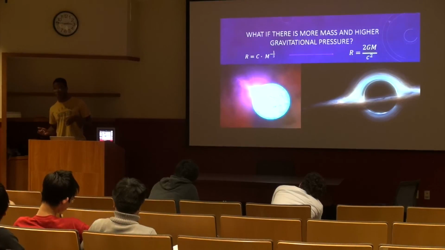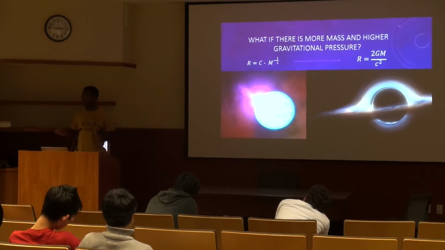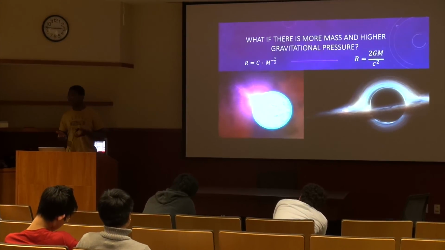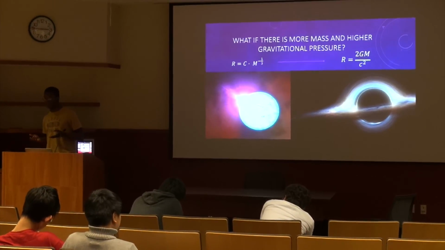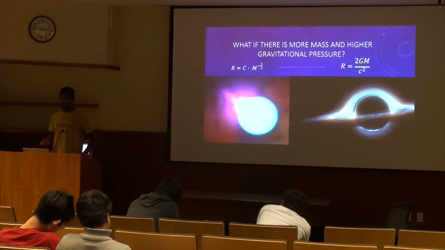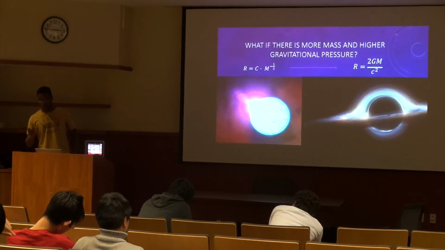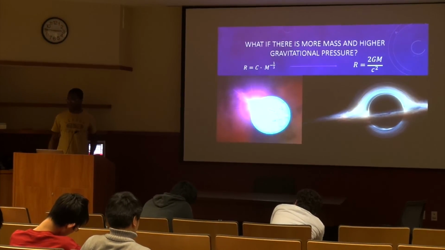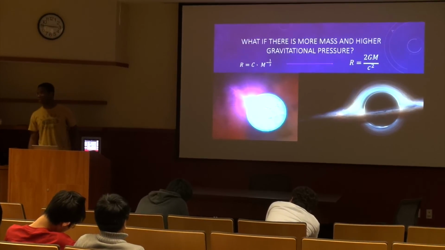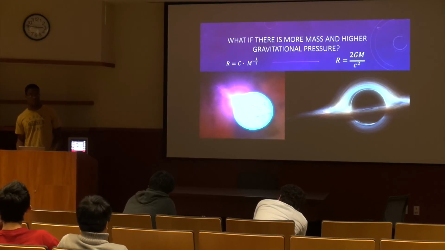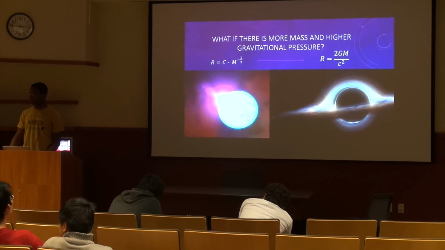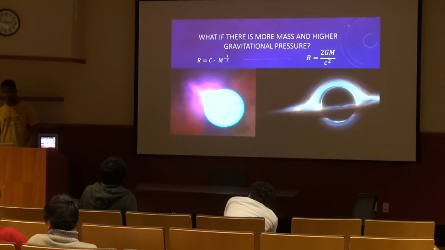Between 1.44 and 3, you get neutron degeneracy pressure, and that's how you get the neutron star, which are the densest stars in the universe. But once the mass is big enough so that the radius would be smaller than the Schwarzschild radius, then it all collapses into a black hole. So that's how you can think about neutron stars as the precursors leading up to black holes. So yeah, that's how neutron stars work.